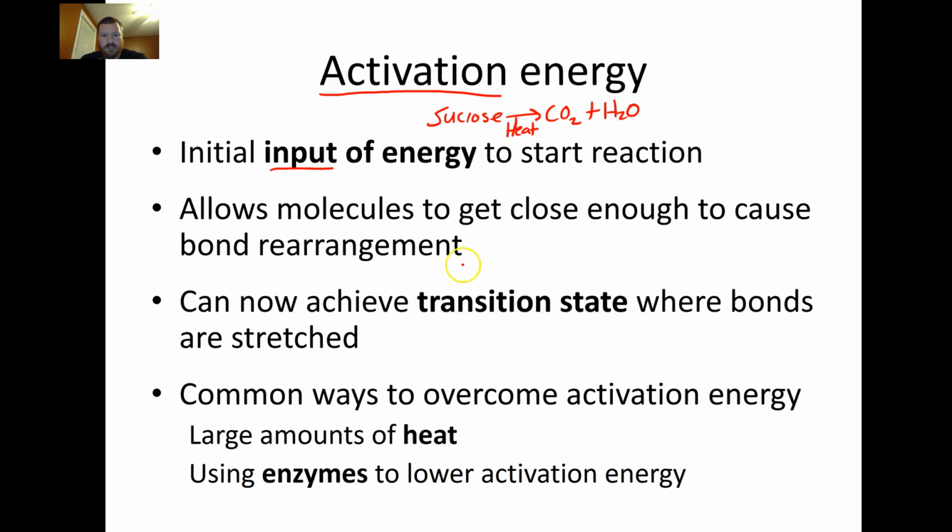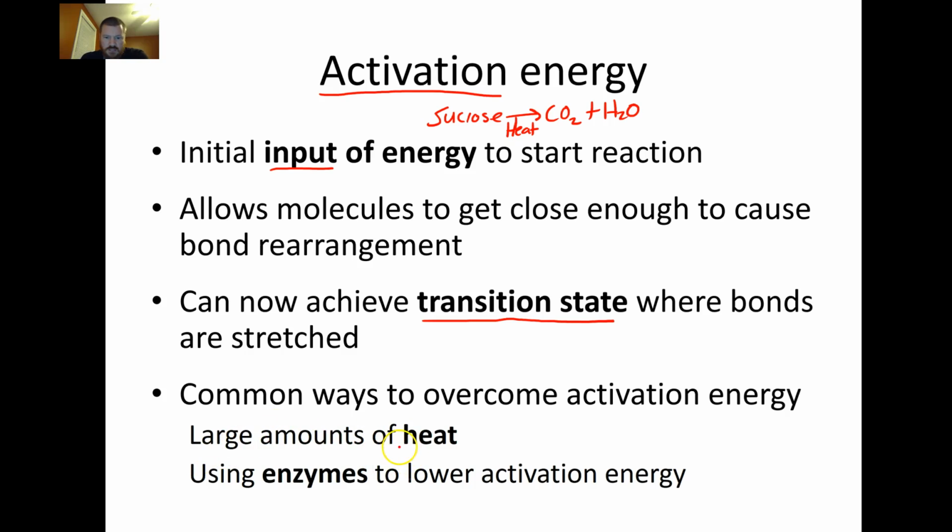What's going to happen is that sucrose, if you have an enzyme anyway, is going to bind with an enzyme. It's going to give you some transition state, right? So whatever that enzyme is, it's going to be bound to sucrose for a brief period of time, and then it'll be turned into CO2 and H2O.